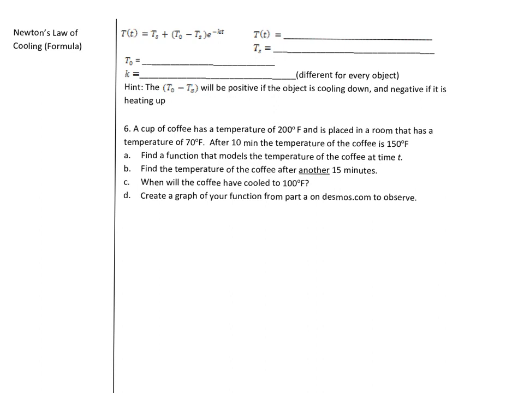So we got a lot of variables here, a lot of the big T's, and each one is different. T of t out front is the temperature at time t. So that's where we're going to be getting out our temperatures at the end. T sub S, which does show up there twice, is the temperature of the surroundings.